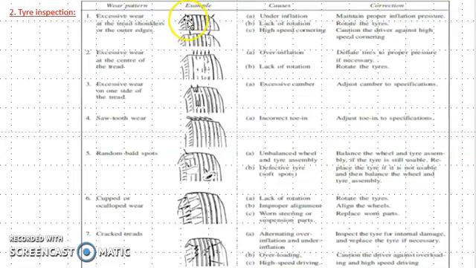Suppose there is excessive wear on the shoulder of the tire, then what will be the causes? The cause is under inflation, meaning the pressure inside the tire is too low. For that purpose you have to maintain proper inflation pressure, then this type of wear will not take place.